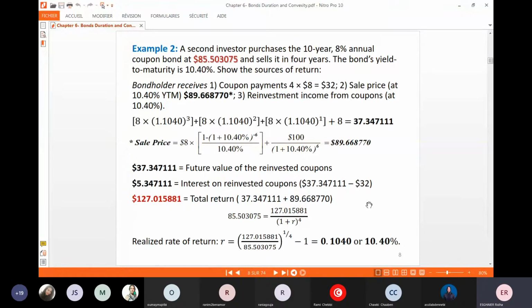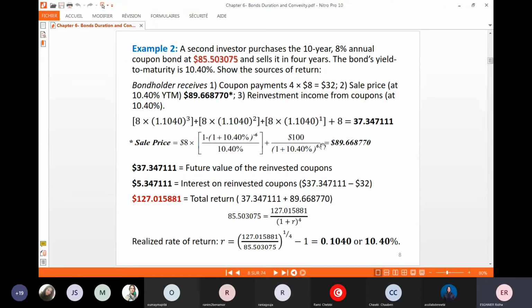To compute the sell price, we need simply to compute the value of the bond 4 years from now. The value of the bond is equal to the present value of what the bond will still pay in the future. 4 years from now, the number of coupons still to be received is 6, because 4 among 10 coupons are already paid, and 100 par value to be received 6 years from the sale date of the bond.